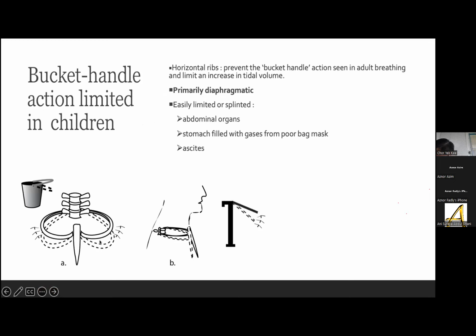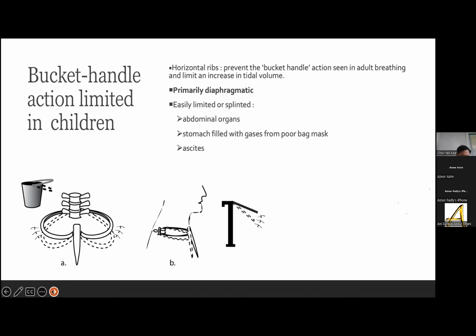Another thing that happens in children is due to the horizontally set ribs. Because in adults, their ribs grow lower down. So when they inspire, when the lung expands, they cause a bucket handle action which increases capacity. This doesn't happen in children because their ribs are horizontally attached.